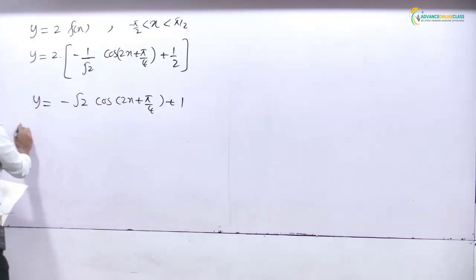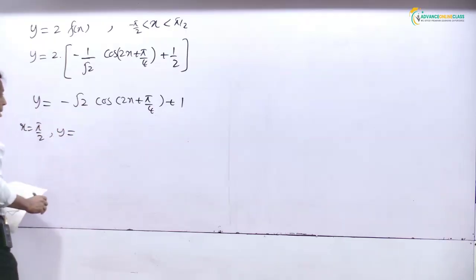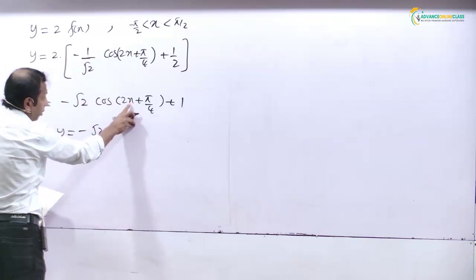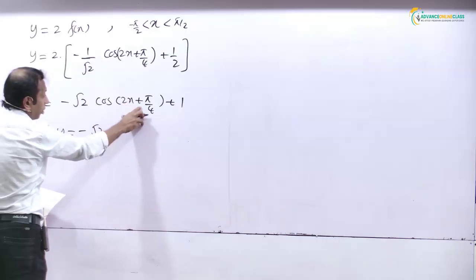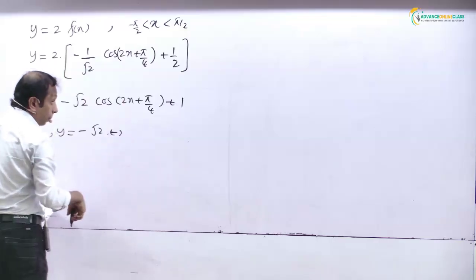First put x equals pi by 2. What is y? Minus root 2. Here what do you get? When you put 90 here, 2 into 90 is 180. Cos(180 plus theta) is minus cos theta, so minus cos pi by 4.